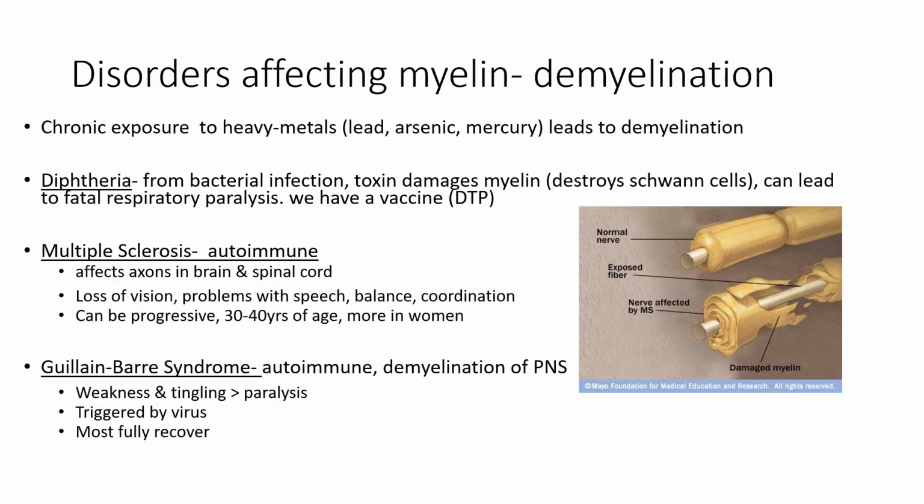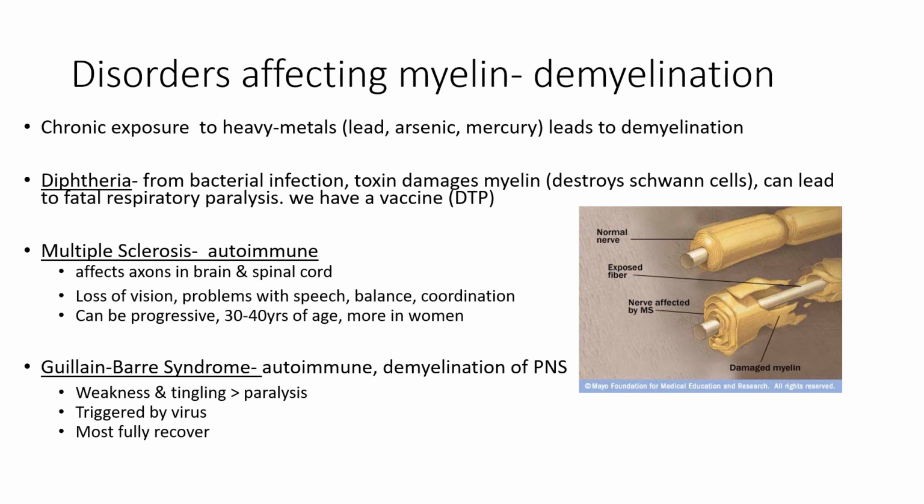We can have different disorders that can affect the myelin and disrupt the myelination. This is called demyelination. Chronic exposure to some heavy metals like lead, arsenic, and mercury can lead to demyelination of axons. We can also have different diseases, infectious diseases or autoimmune diseases, that can cause demyelination.